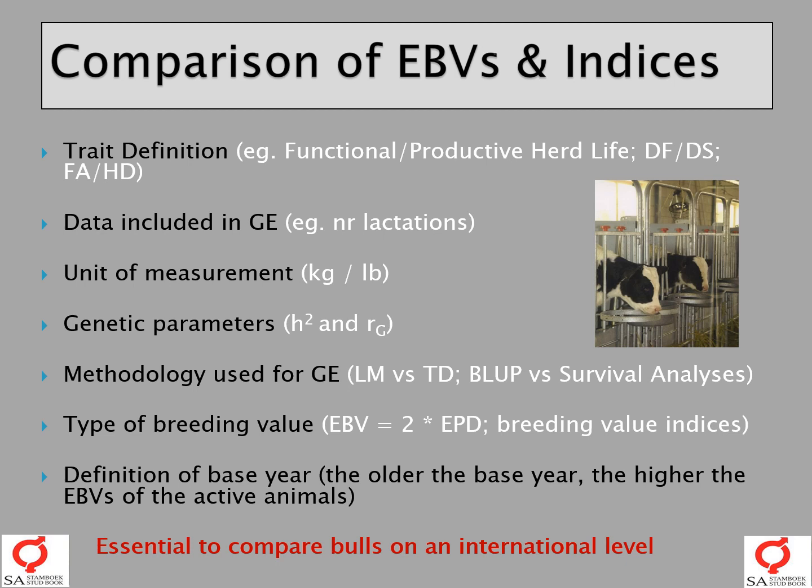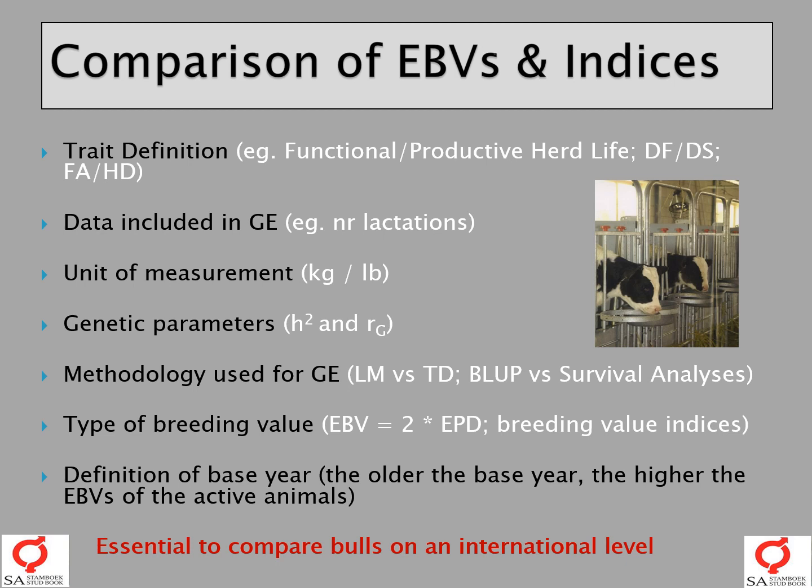Then the format of publishing the breeding values might also differ across countries. Most countries use EBVs, while the USA publishes their breeding values as EPDs, where an EPD is half that of the EBV. Many countries also present their breeding values, especially for conformation traits, as breeding value indices, where the breeding values are then expressed around the active breed average, which is set to 0 or even to 100.